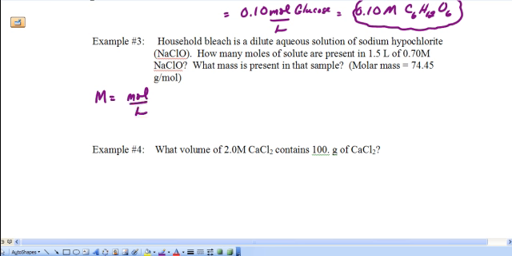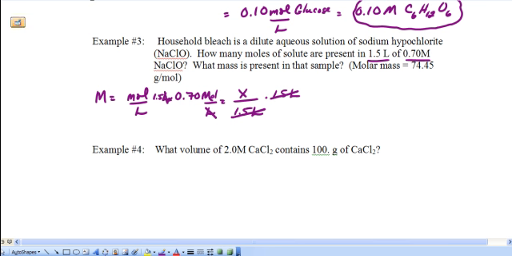So therefore we know that 0.70 molar, that's the concentration given in the problem, is going to equal X number of moles per 1.5 liters of solution. Now remember that molarity is moles over liters. So if I isolate my X by multiplying by 1.5 liters on both sides, notice that this entire term divides out top and bottom over here, and my liters divide out top and bottom over here.